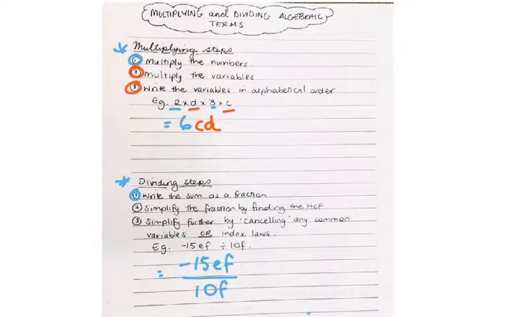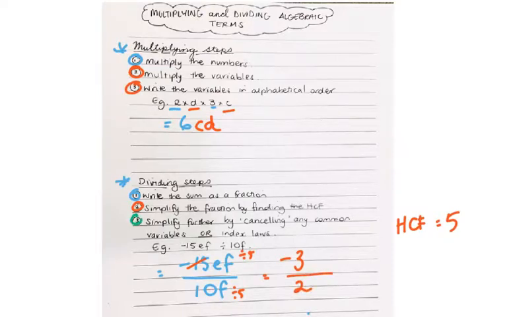The second step says that I've got to simplify the fraction by finding the highest common factor. So the highest common factor for 15 and 10 is 5. So that means I am now going to divide both numbers, so the negative 15 and the 10, by 5. So divide by 5, divide by 5. So negative 15 divided by 5 is negative 3, and then 10 divided by 5 is 2.